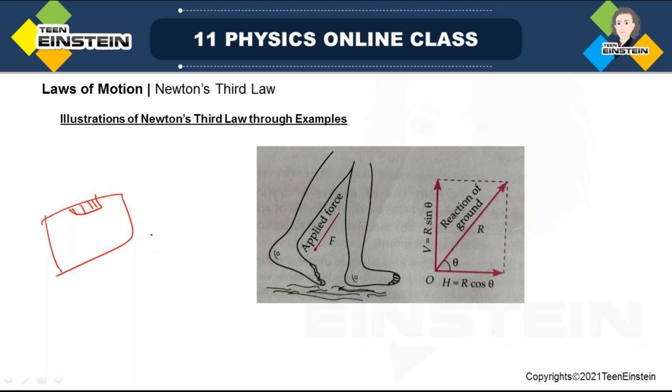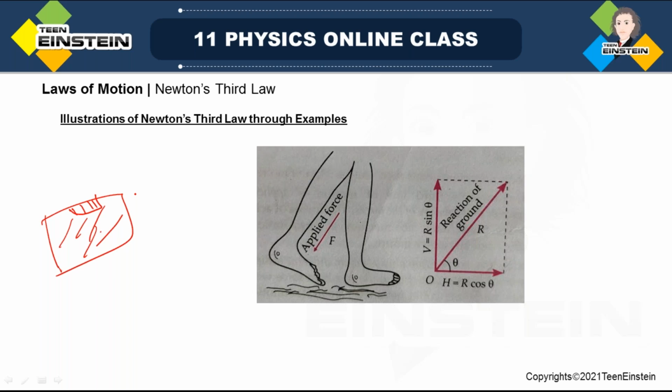How does that reading come? When you step on it, your weight acts on the floor of the weighing balance, and that floor also gives an equal and opposite reaction to our legs. And that reaction is exactly equal to the weight of our body.